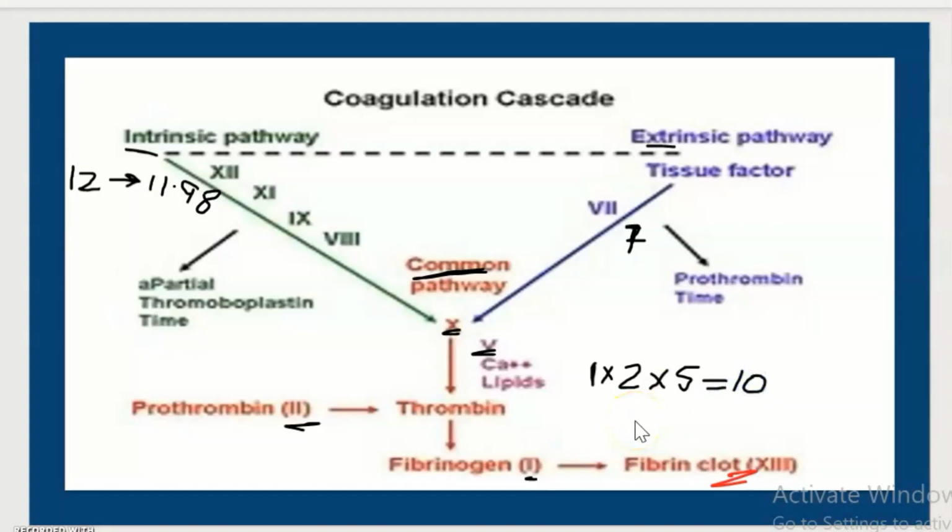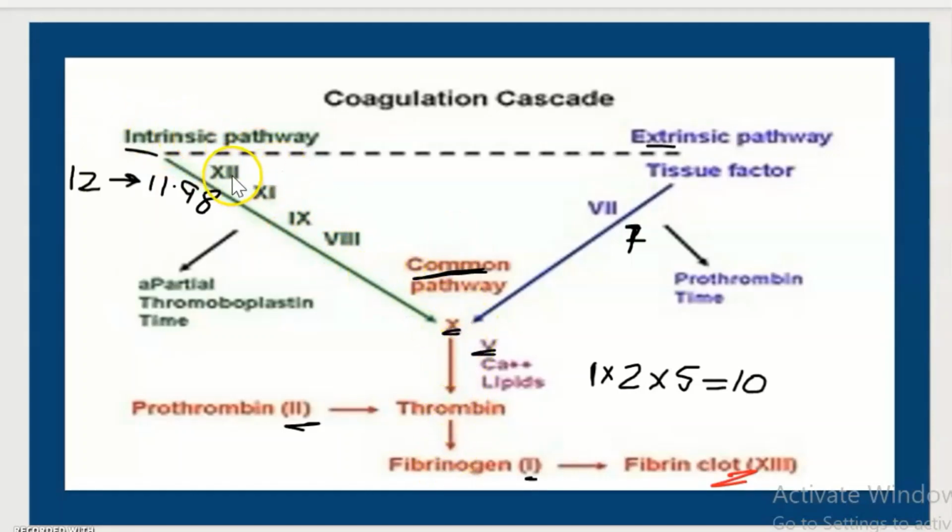So in this way, you can remember the clotting factors of common pathway: 1 multiplied by 2 multiplied by 5 is equal to 10.